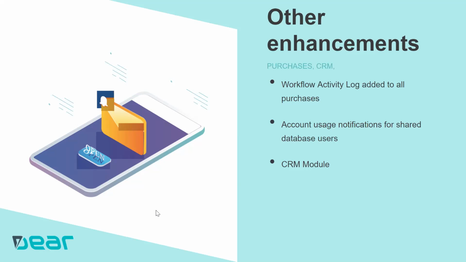And then you have account usage notification for shared database users. As you know, a little while ago, we brought out our dedicated server package. Pretty much meaning that if you have more than a certain amount of transactions or products in the system, or you're hitting a certain amount of volume per month, you will need to go to a dedicated server, which is pretty much our enterprise plan.